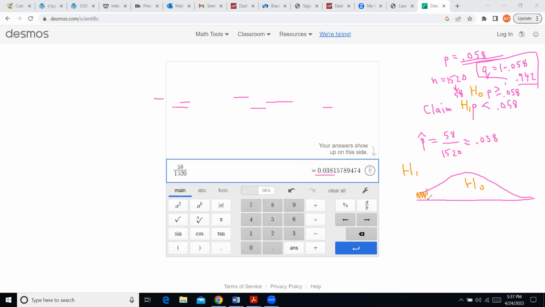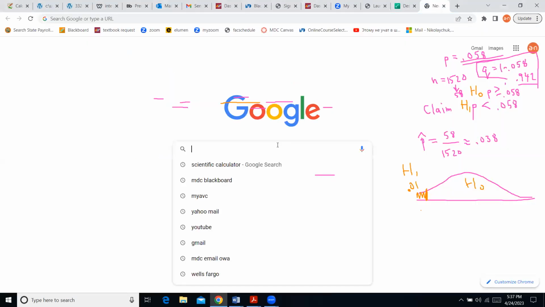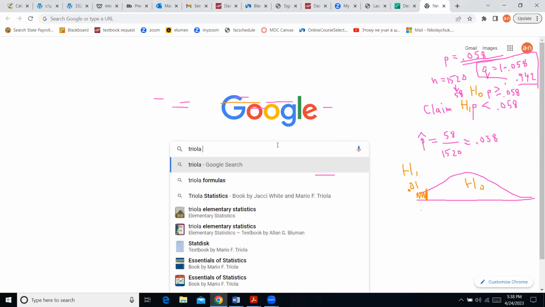And we care about the cutoff, the critical value of z that corresponds to this last number that I need to utilize in this exercise. And they told us 0.01 significance level. So 0.01 is going to be the area. And now I have to use tables, right? So let's go for the Triola tables. How do you remember this word? Well, that's the name of the author of the textbook.